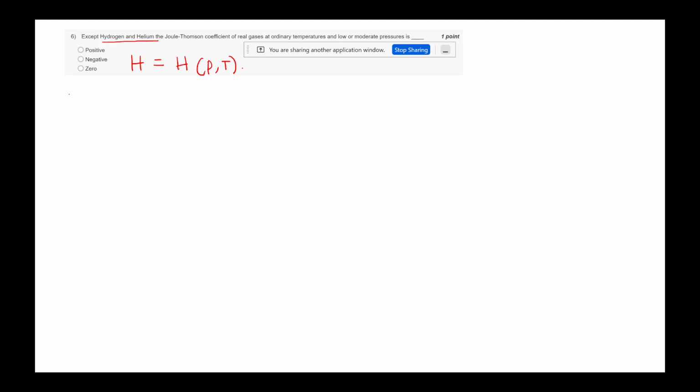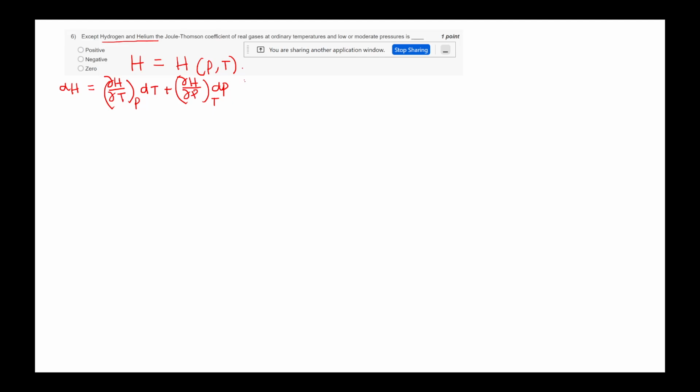Now we can write the change in enthalpy dH as del H del T at constant pressure dT plus del H del P at constant T dP.